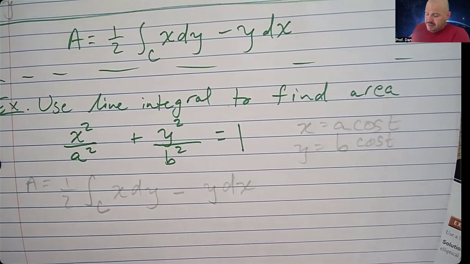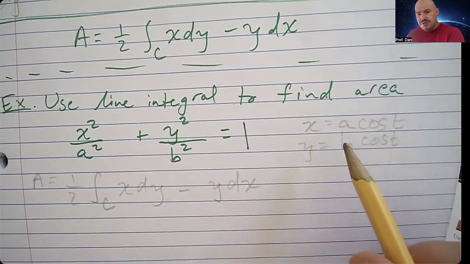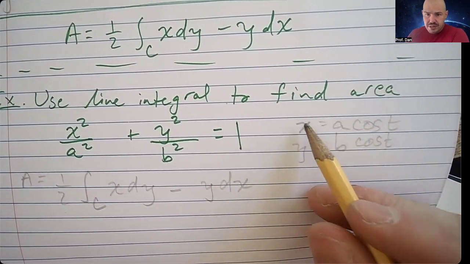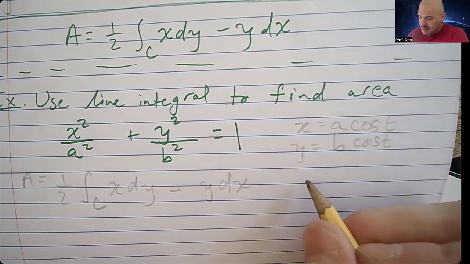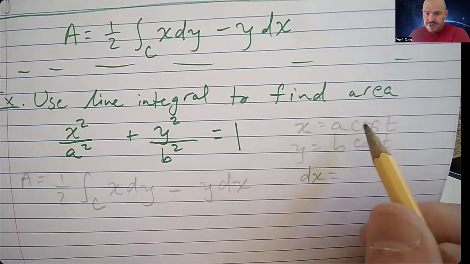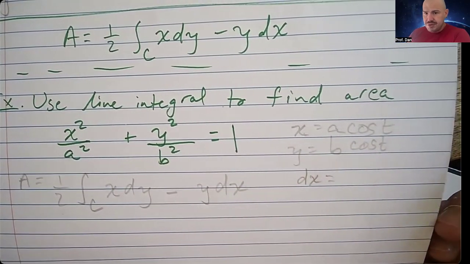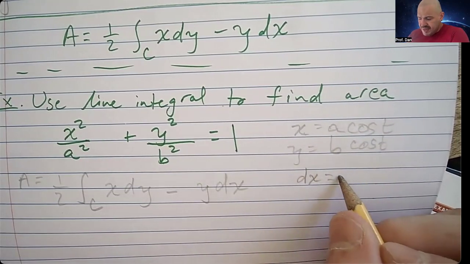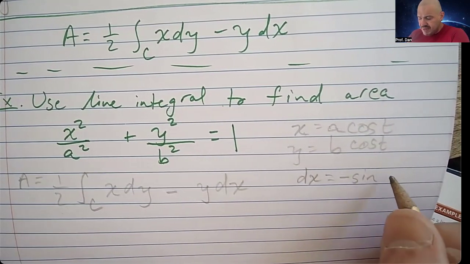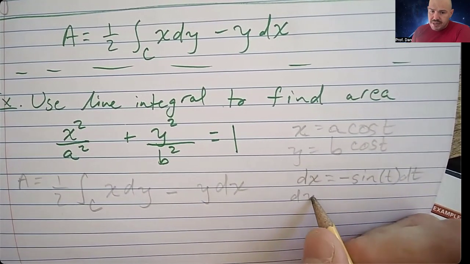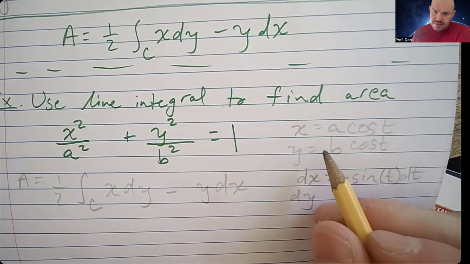So with that said, we can figure out values for dy and dx just by differentiating these. dx I can get by differentiating this similar to how you would for a u sub. So a is a constant, the derivative of cosine is negative sine, so we get minus a sine of t dt. And then for dy, differentiate this.